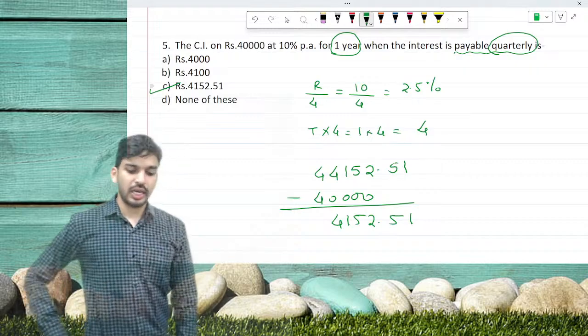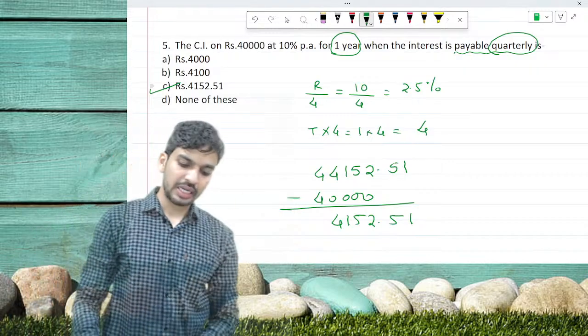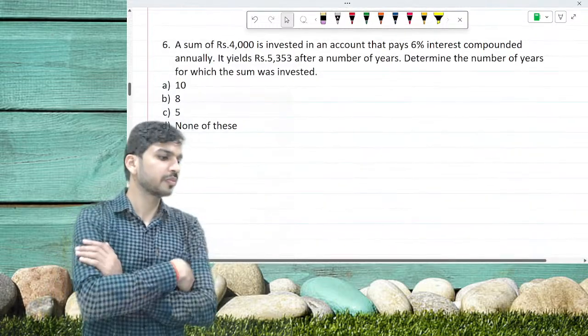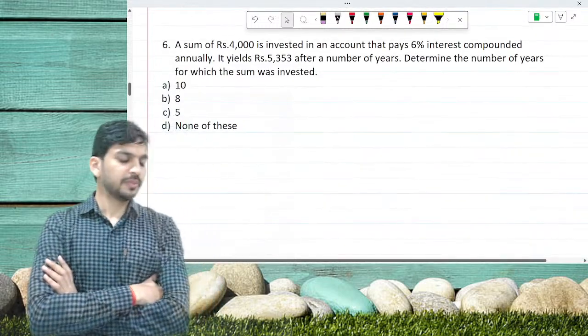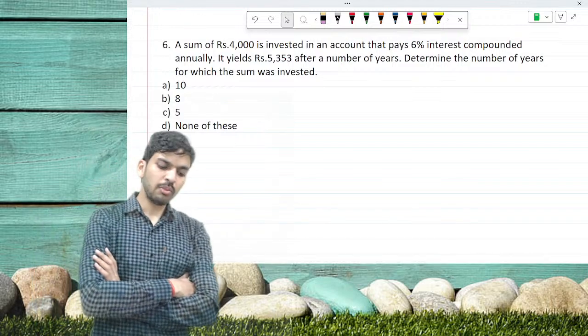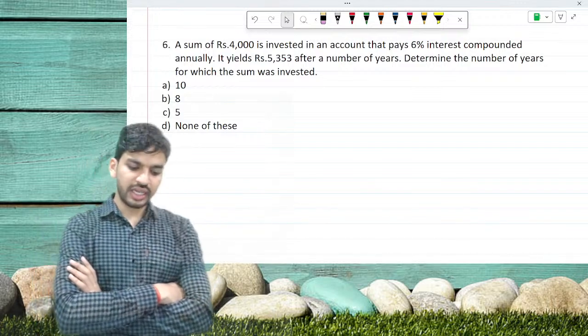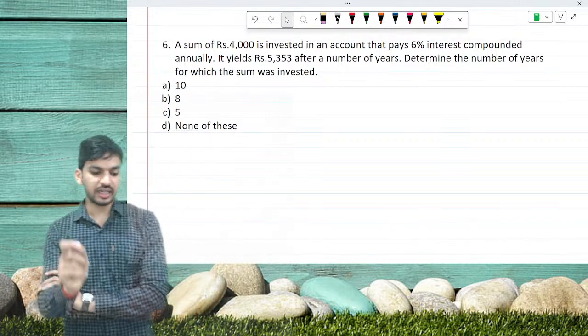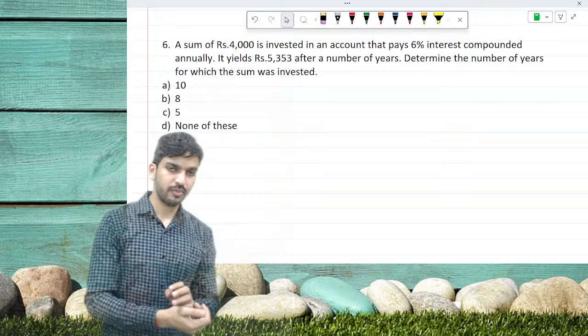Let's go for next. Question number 6. A sum of rupees 4,000 is invested in an account that pays 6% interest compounded annually.